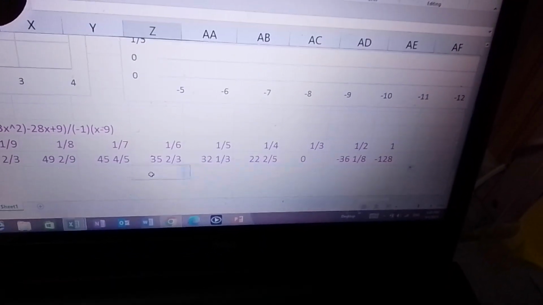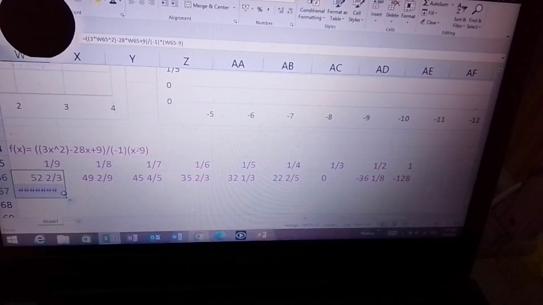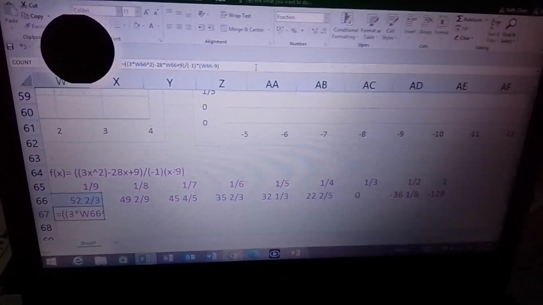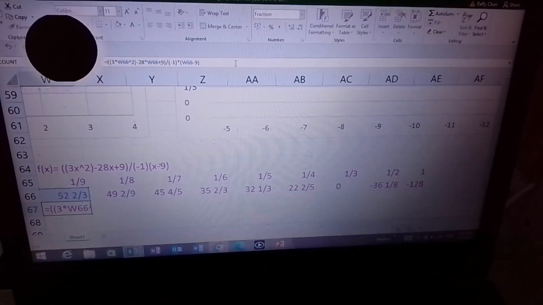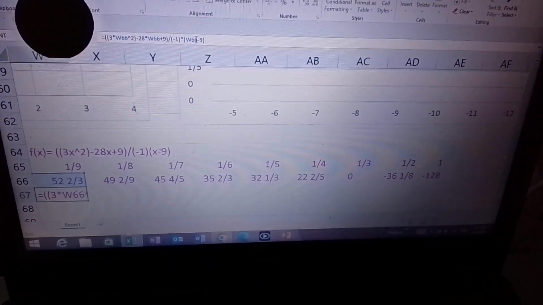So, yun, di ba? Sige, let's try to do this again. Bring the formula down. Yeah, dapat it's supposed to be in fraction form. Kasi nga we want the W65. So let's change 66 to 65.